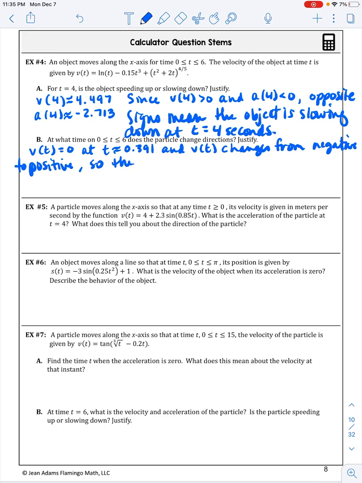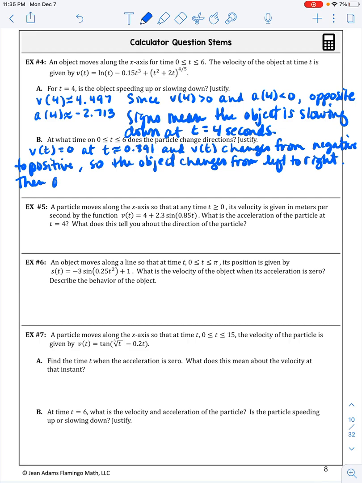So the object changes from moving left to moving right, because it goes from negative velocity to positive velocity.